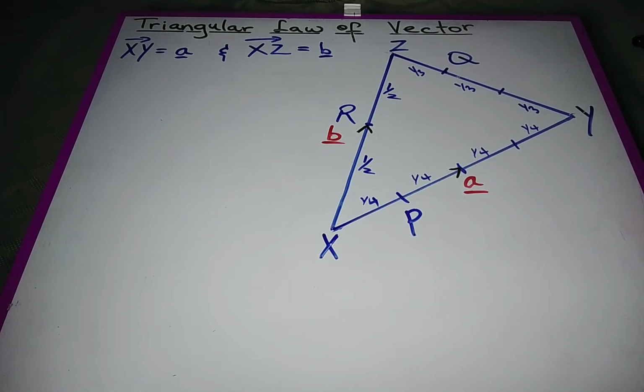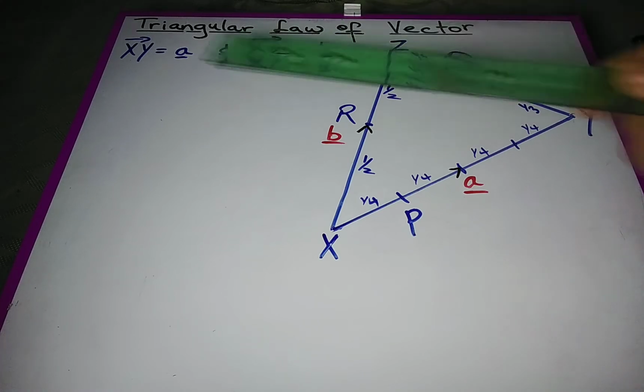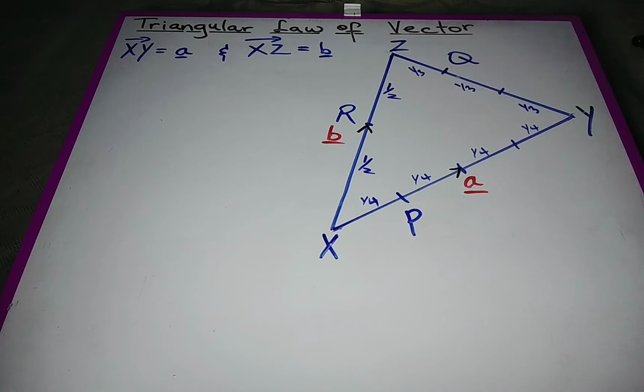As you should remember, with vectors you need to know 4 things: magnitude, direction, starting point, ending point. Once you know those 4 things, you're able to solve vectors with ease. So I took the liberty to write down the 2 vectors. And then there are a number of things that we need to find.